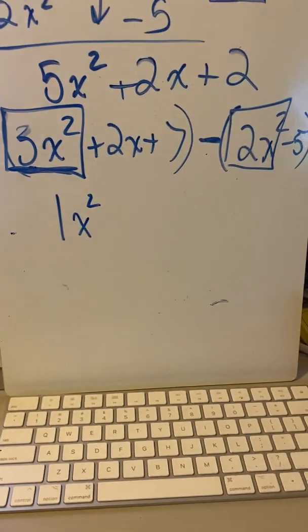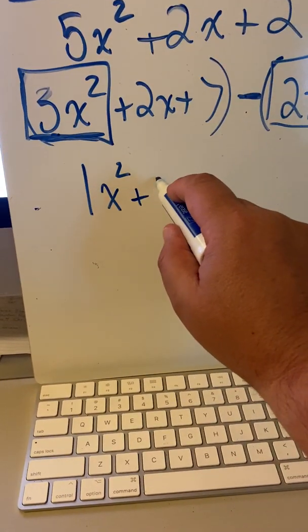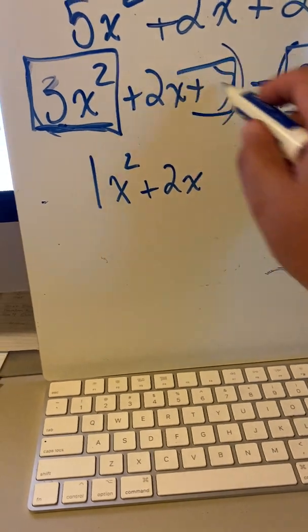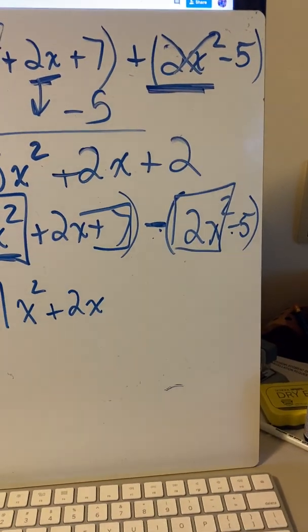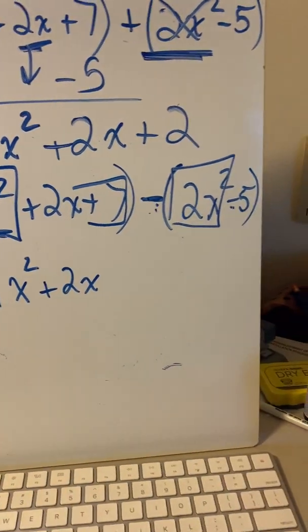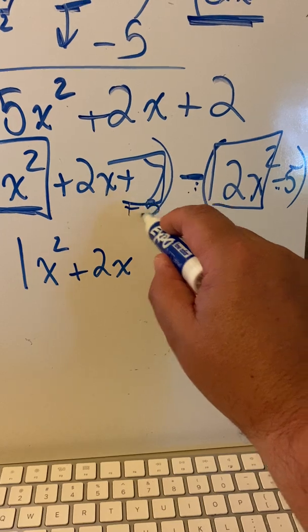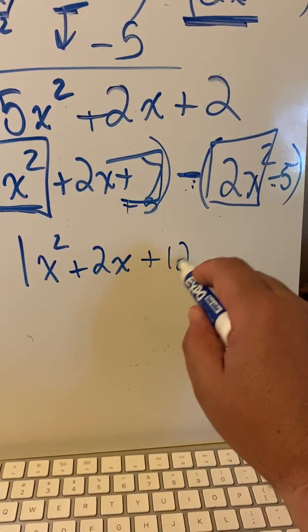No, you don't need the 1, but I'm just putting it there. Again, there's no x value, so you just bring down the 2x. That works out nice. But now you've got a 7 minus a negative. Minus a negative, people. Minus a negative. That means it's a positive 5. So that means you're adding 5 onto this. Add the 5 onto that, and it's a positive 12.